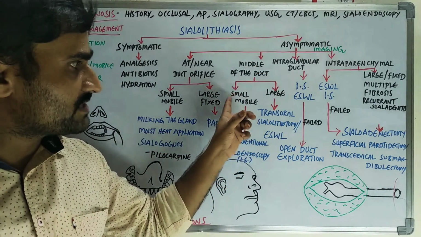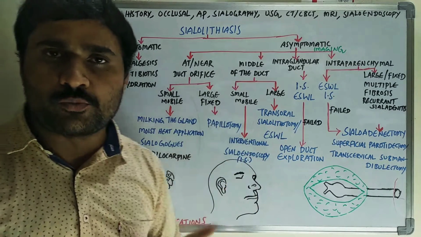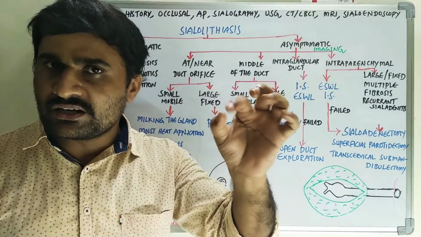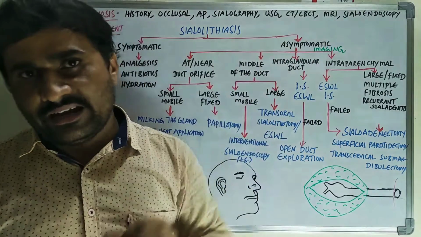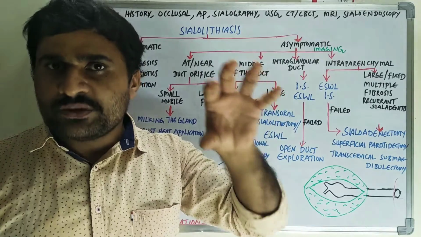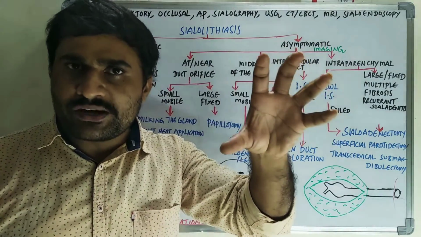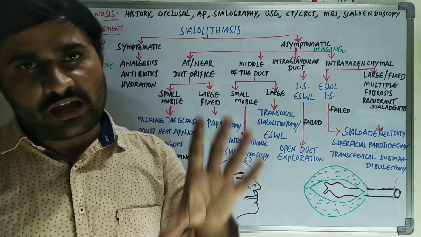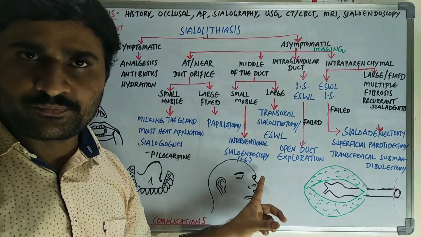Again, if it is small and mobile, you can go for interventional sialoendoscopy. Sialoendoscopy means passing an endoscope with a camera at the end. With that endoscope, you can locate the calculi and, using other instruments, remove them too.